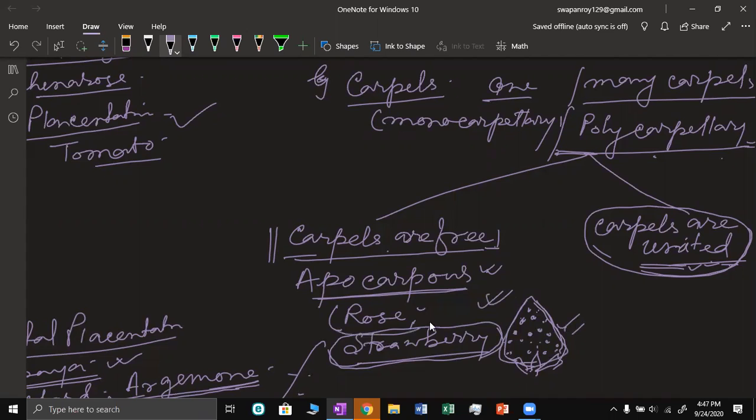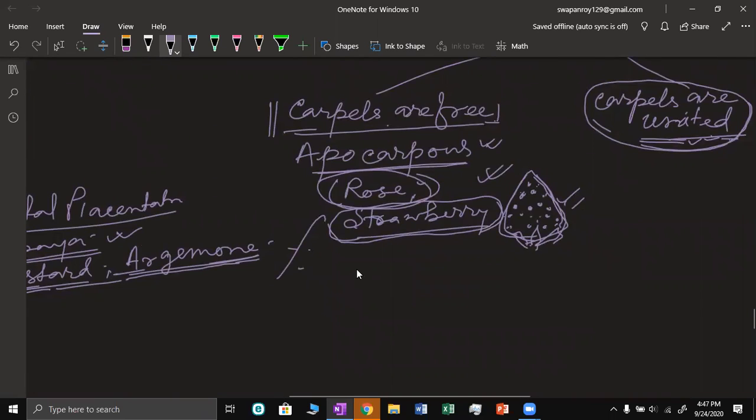In rose also it is apocarpous. In the rose, what you see, the rose fruit on the plant, appears like this swollen structure. And here are the many stamens, then petals and sepals.